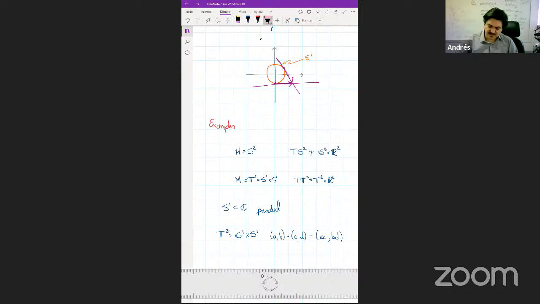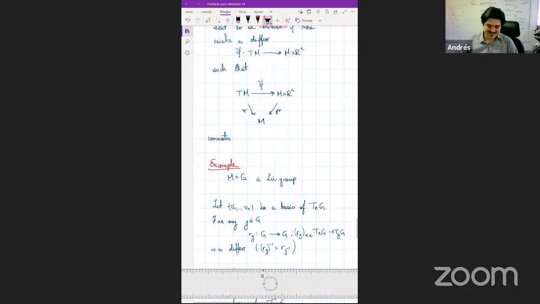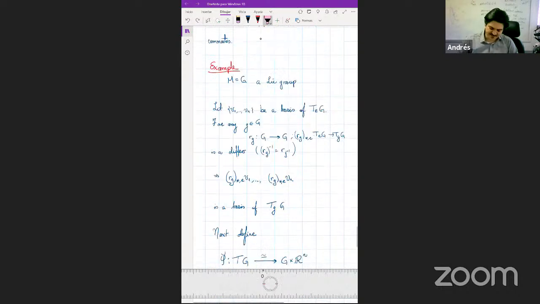Okay, so this is something that is not. Okay, now the part that I want you to understand is precisely that not everything is trivial. There are a few cases when this happens, but it's not always the case.